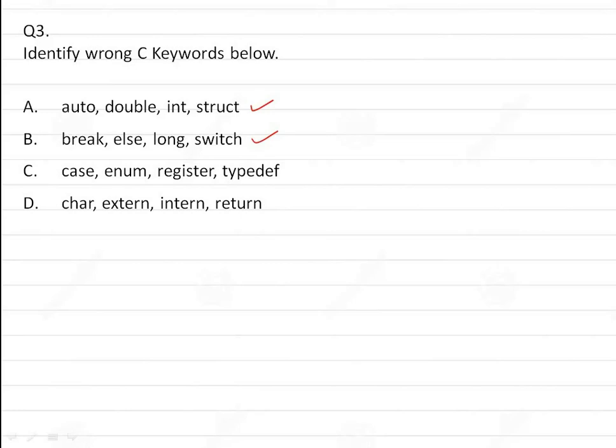Then case, enum, register and typedef, these are also keywords. Char, extern, intern, so this intern is not a keyword, so that is why this list is wrong. Rest of them are keywords. Char is a keyword, extern is a keyword, return is a keyword, but intern is not a keyword, so therefore the answer is D.